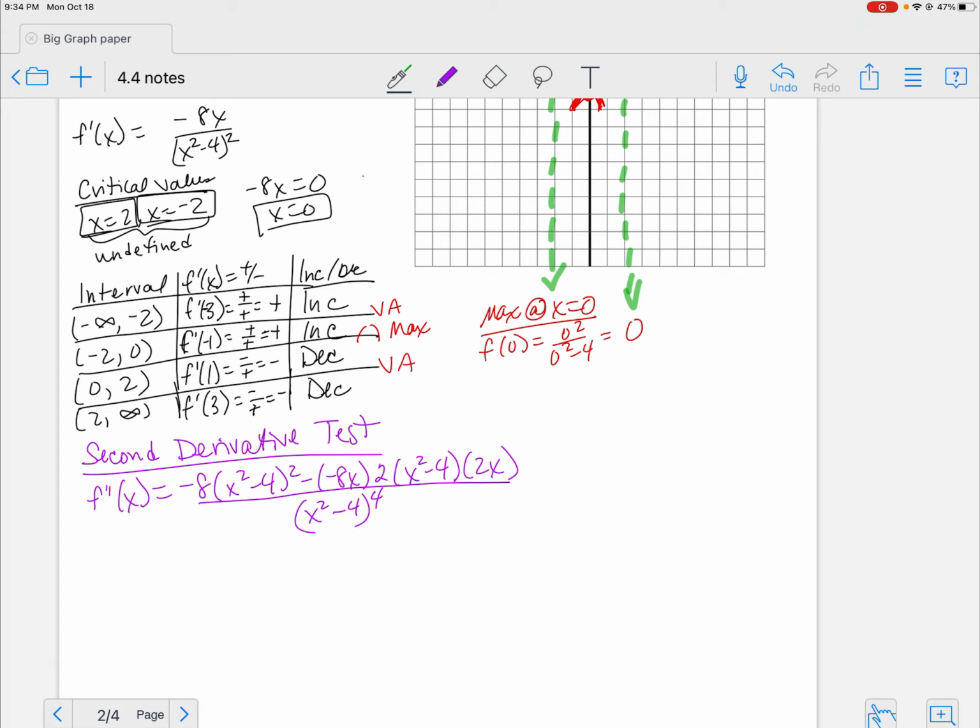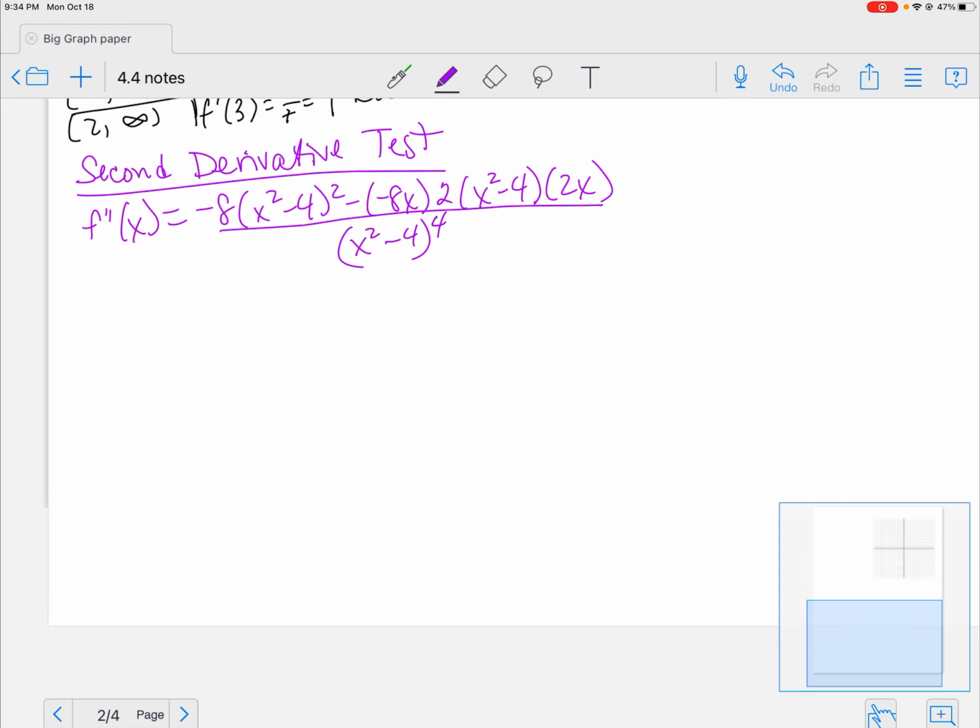Let's take care of business, right? I've got another one right here. I can cancel and simplify that. So if you notice groups that are in common, because this is all multiplied back here, that's a whole term. This is a whole term. Factor out that x squared minus 4. I'm going to scoot this up so we can see it better.